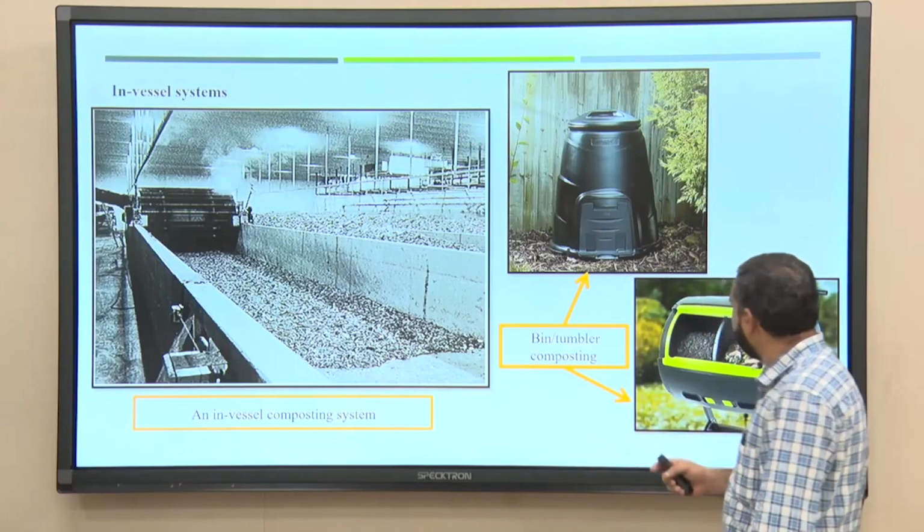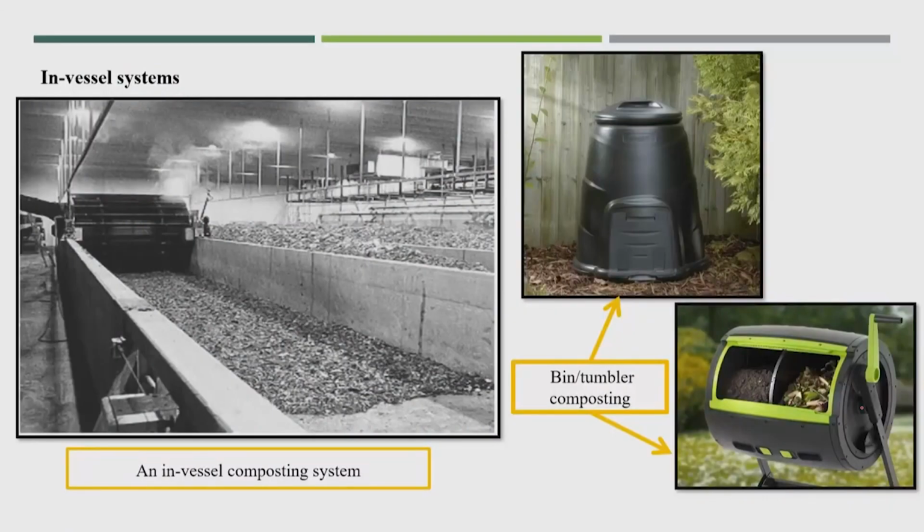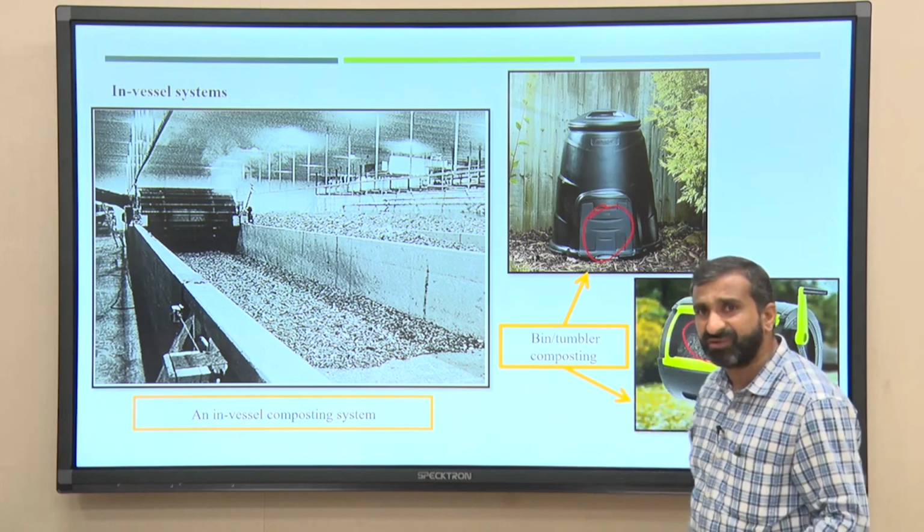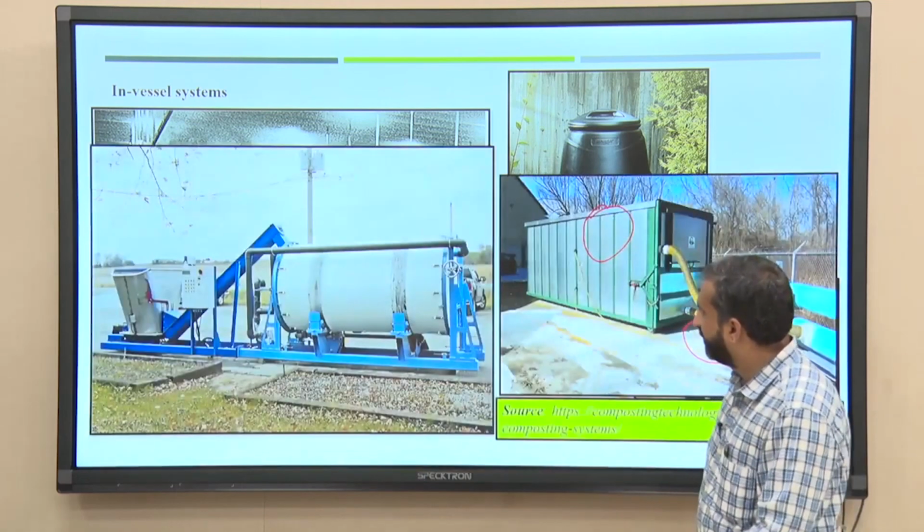Like here, the bin or tumbler composting. You can see this open area is for the aeration process. Here also there is an opening, and in the other products too you will see that openings are available for aeration.